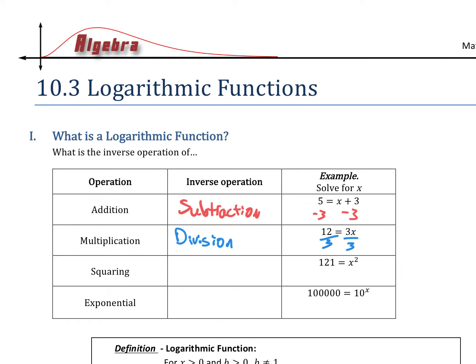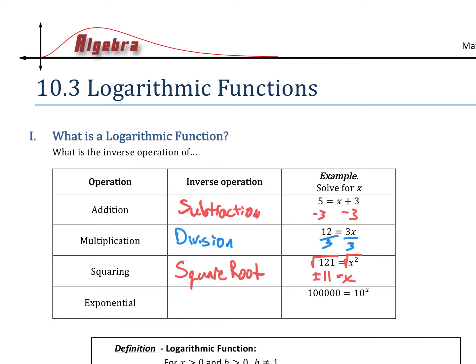So what will undo squaring? Well, square root will, right? Square root will tell us what x is. Tell us that x is plus or minus 11. All right, so square rooting undoes squaring. That will tell us what the x is that we need to make this true.